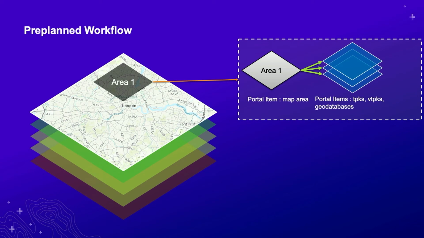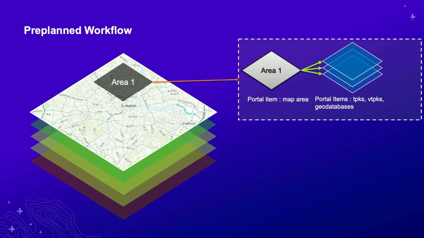And the map area references a number of other portal items: tile packages, vector tile packages, geodatabases, etc. That's how it's implemented on the back end. But from an API perspective, all that you're working with are map areas, and the API takes care of retrieving all the individual components and rebuilding the map package on the client for you.